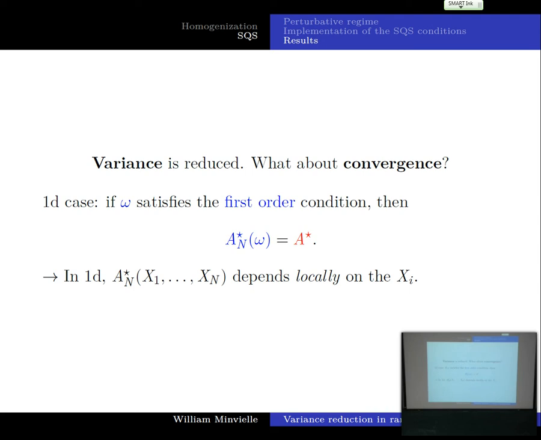So it is easy to see that it will just meet the asymptotic value. If I condition just at the first order, I'm already at A star. So the 1D case is very easy for our approach, and we are automatically at the asymptotic limit. You would say this is a test on which we perform very well. But on the other hand, the 1D case is boring because we can compute everything by hand.